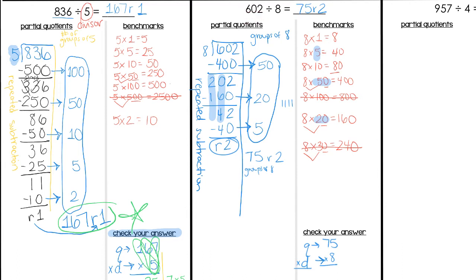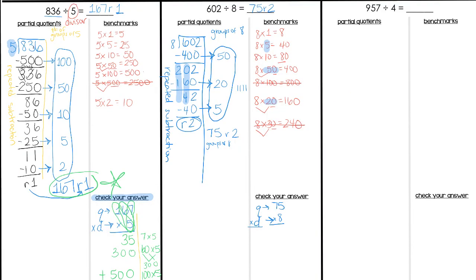Go ahead, pause the video, multiply this, and see if it checks. And you get 602 as your dividend. All right, so we're going to multiply our 1s times our 1s. 5 times 8 is 40.